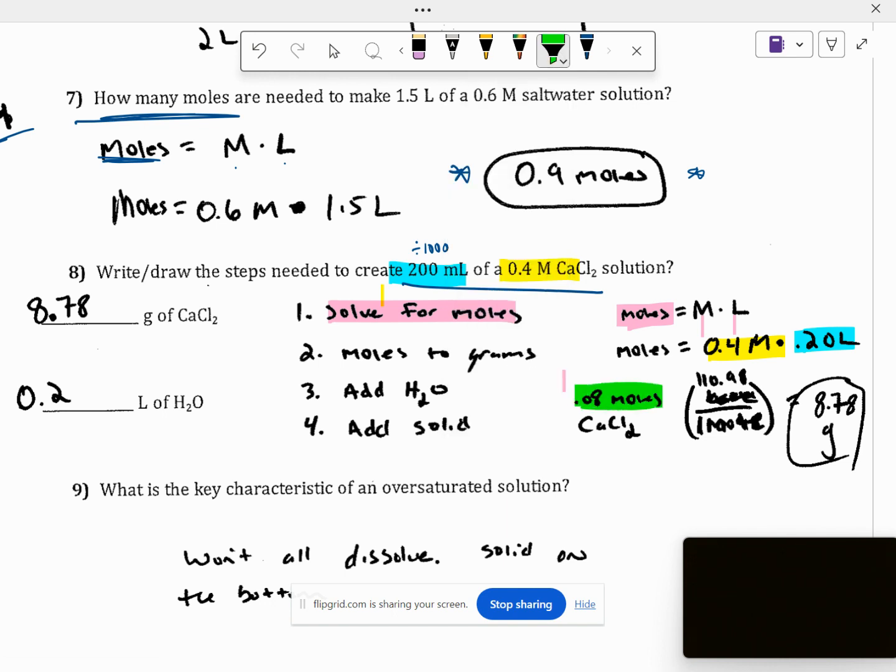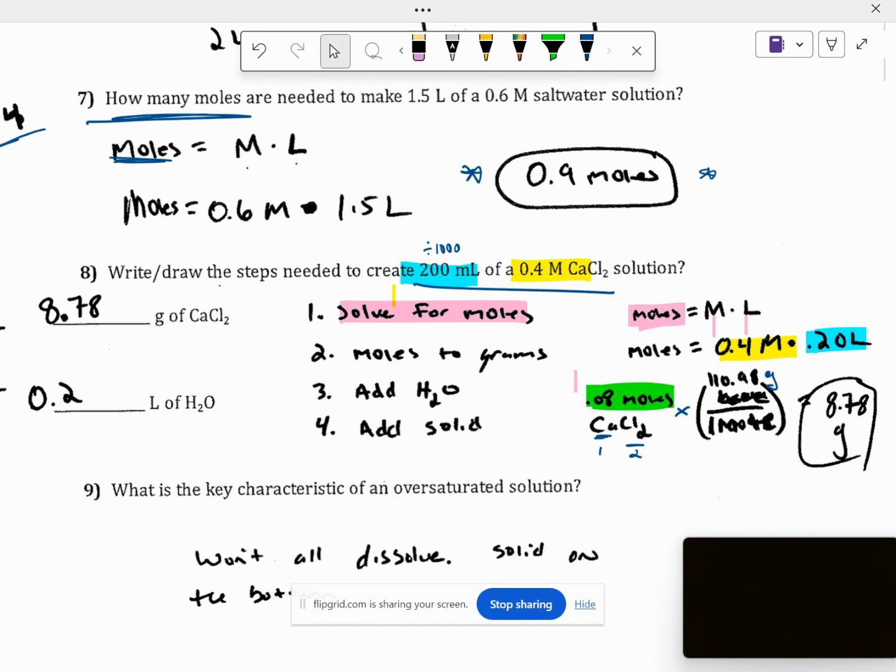Now when you do this, the bracket's flipped because you need moles on the bottom to get into grams, so the grams goes on top. So 0.08 times 110.98. How I got the 110.98 was I added up 1 Ca and 2 Cls, right? That's 110.98, and that's going to give us 8.78 grams.